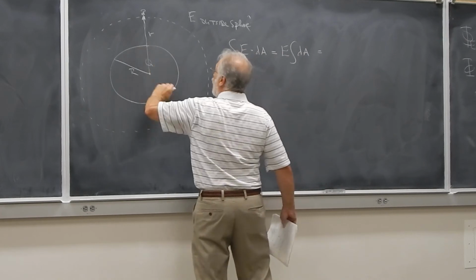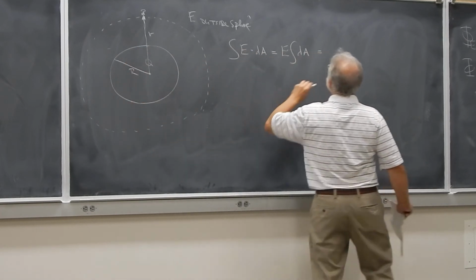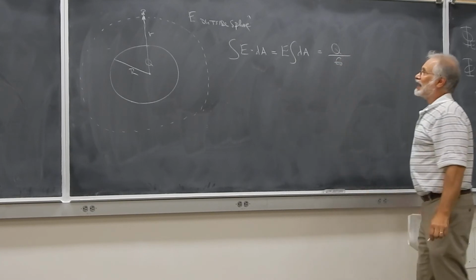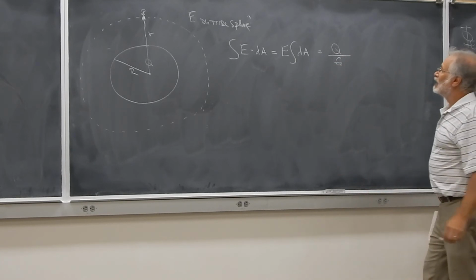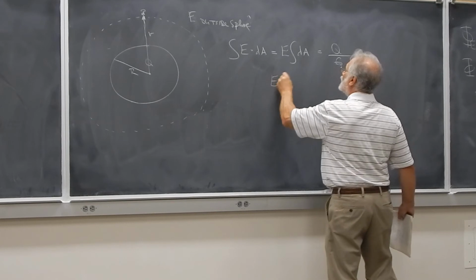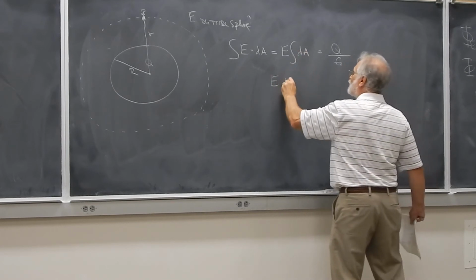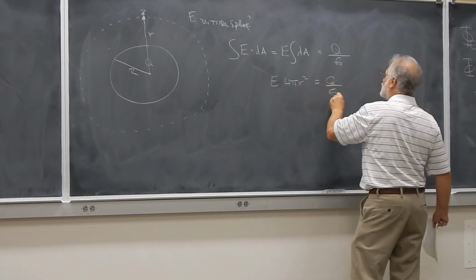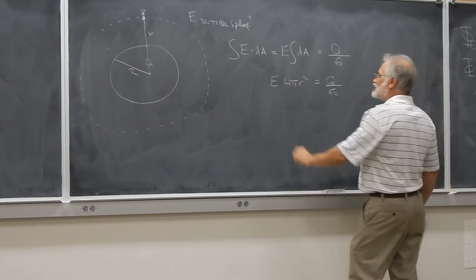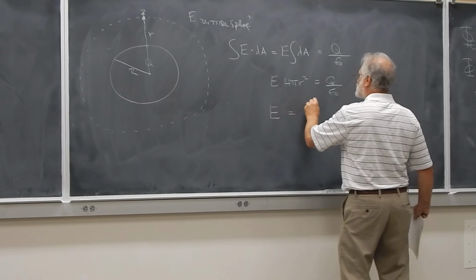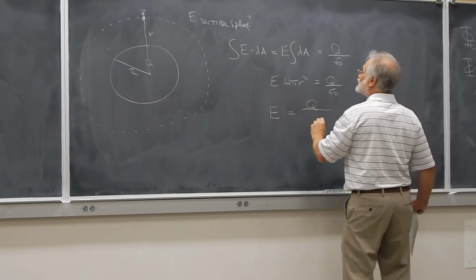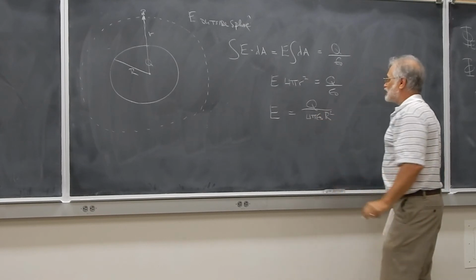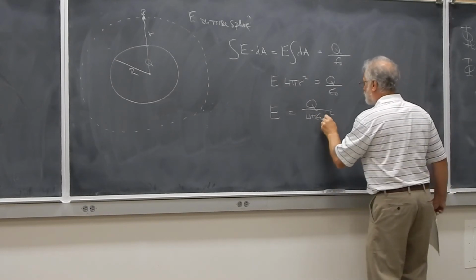Well, I'm enclosing all of the charge of that sphere, Q, over epsilon naught by Gauss's law. The integral of dA for a sphere is going to be 4 pi little r squared, equal to Q over epsilon naught. So the electric field outside the sphere would just be Q, the total charge of the sphere, divided by 4 pi epsilon naught r squared. Sorry, little r squared.